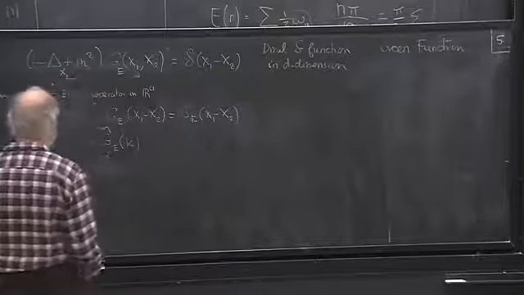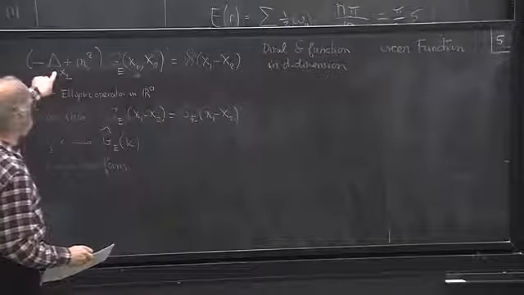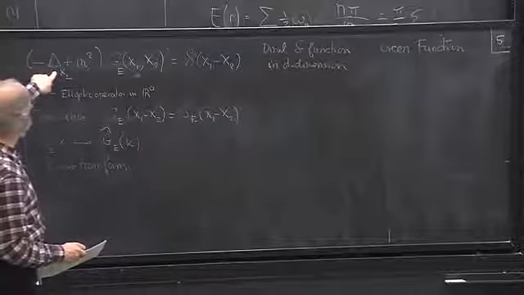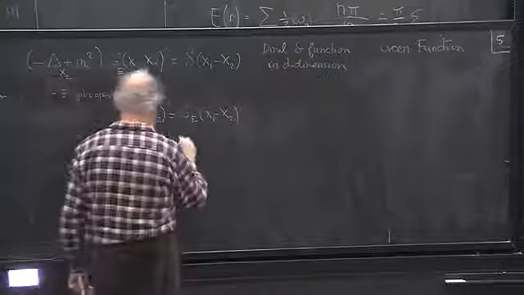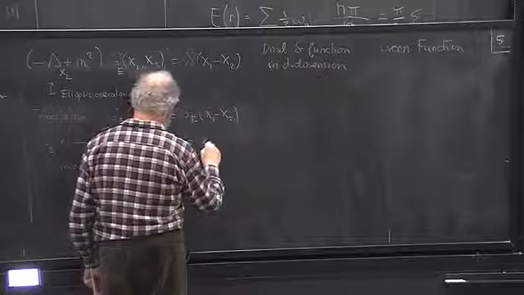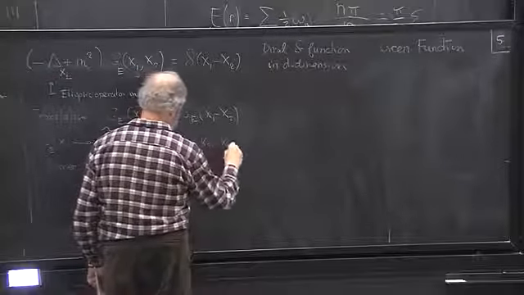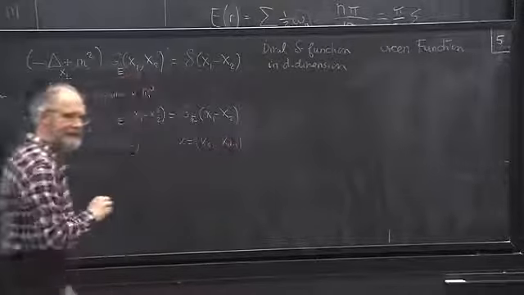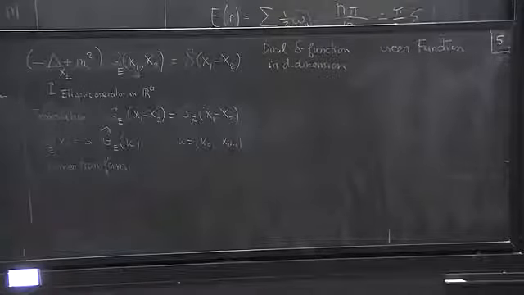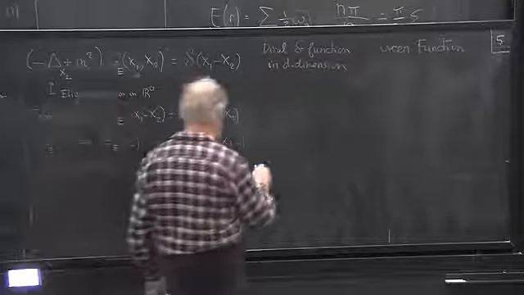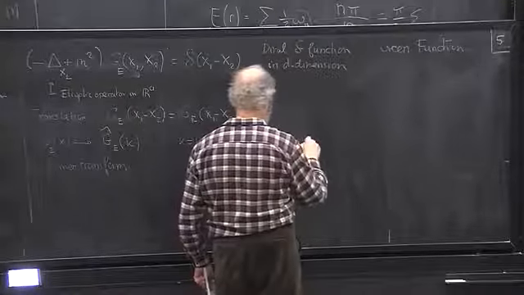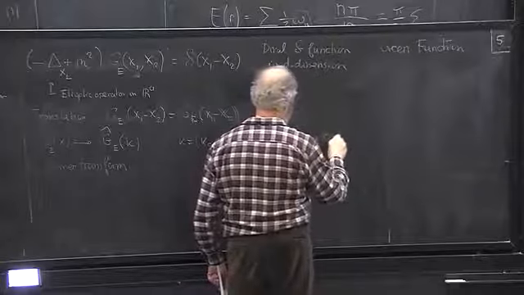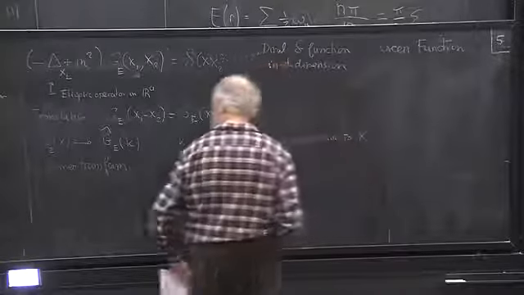And of course, the Fourier transform of this equation: the Fourier transform of minus the Laplacian is k squared. So k is a vector with d components, the momentum conjugate to x.